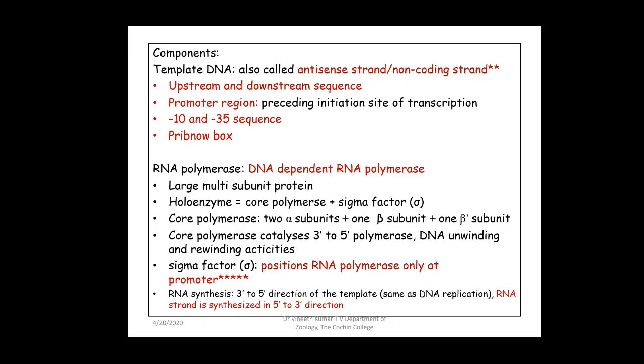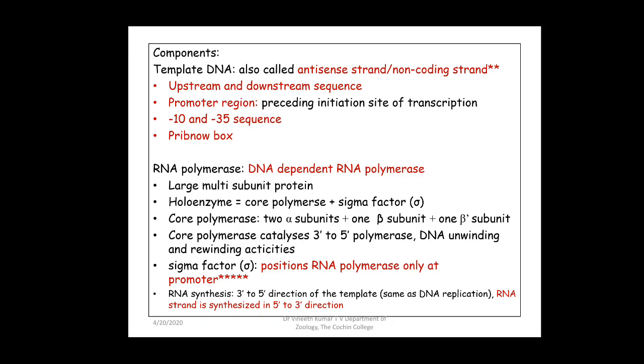The sigma factor is a part of the holoenzyme. It is also a protein, and the main function of the sigma factor is to position the RNA polymerase at the promoter. Our core polymerase, because it has the catalytic site, can transcribe any DNA. That means if the sigma factor is lacking, it will transcribe any part of the DNA, but a functional mRNA, rRNA, or tRNA will not be produced.